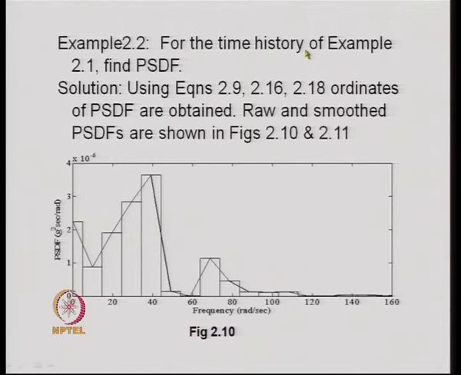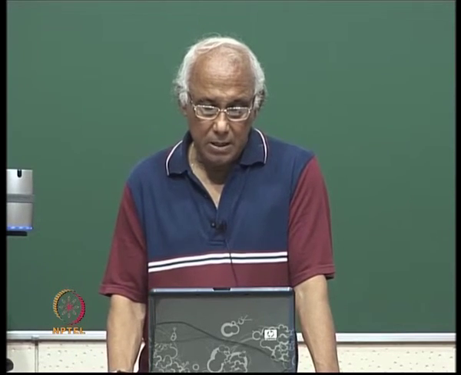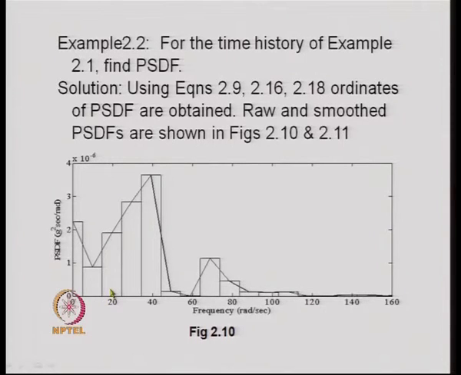Now, the same time history of ground motion that we considered for obtaining the Fourier spectrum, that is, 32 sampled values of an acceleration time record, was used, and for each frequency we obtain the C_n square value, that is, the real term square plus imaginary term square, and then divide it by d omega. d omega is equal to 2 pi by T, where T is the total duration of the ground motion, and that divided again by 2, or in other words S(omega) is equal to C_n square divided by 2 d omega, that is what we discussed before.